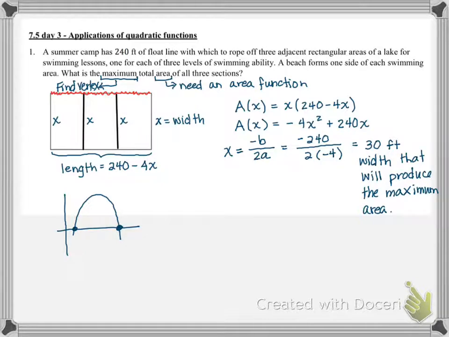Yeah, the maximum area. How would I find that? The area function. Very good. So I found the x value that'll maximize my area. In order to find the maximum area, I'm going to use my area function with that x value. So I want A of 30, which equals -4 times 30 squared plus 240 times 30.